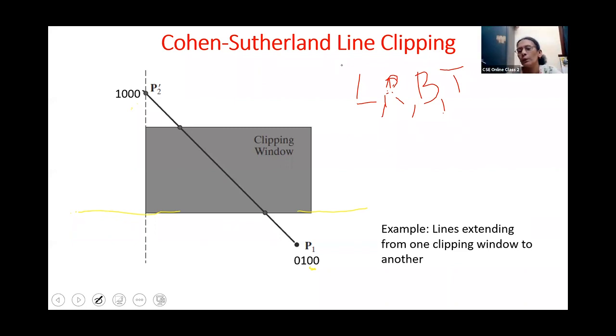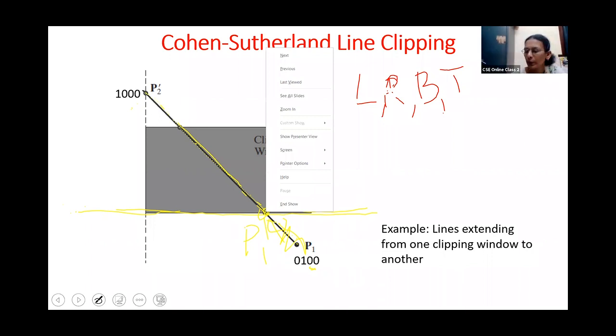So we clip to the bottom boundary: we find the point of intersection between the line P1 to P2 dash and the bottom boundary. Say that is P1 dash. We remove the outside part and consider the line only from P1 dash to P2 dash.